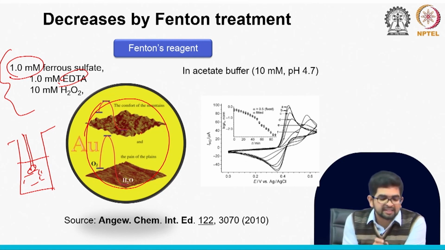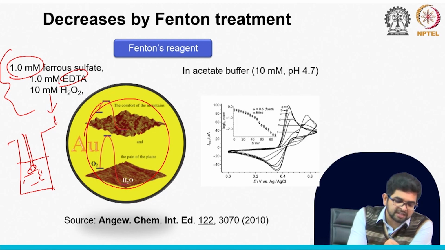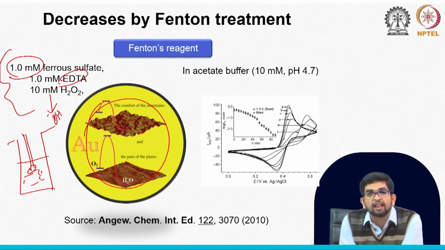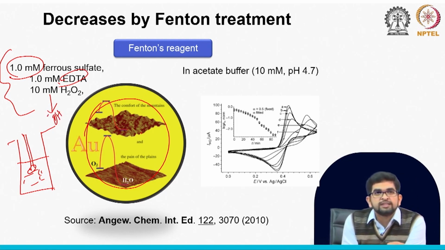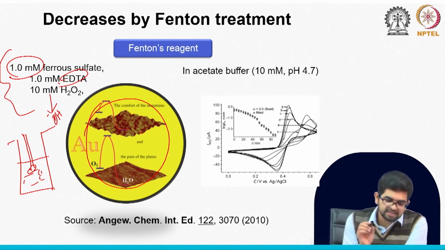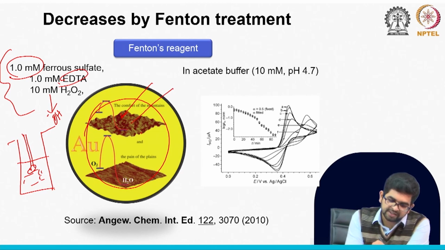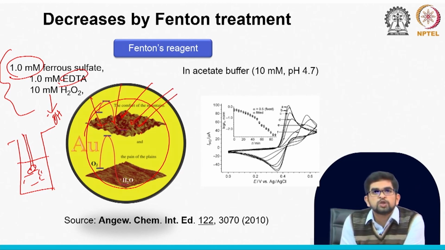What is that? That is something radical actually it is generating. This is a hydroxyl radical, OH dot. This hydroxyl radical is generated from Fenton's reagent. This radical actually hits here, and the surface becomes smoother.